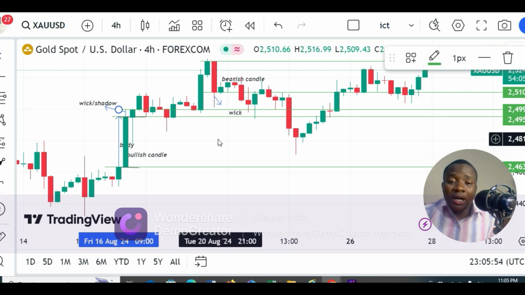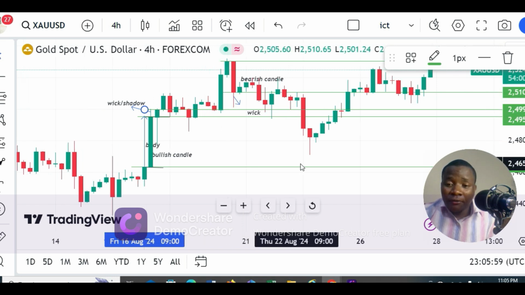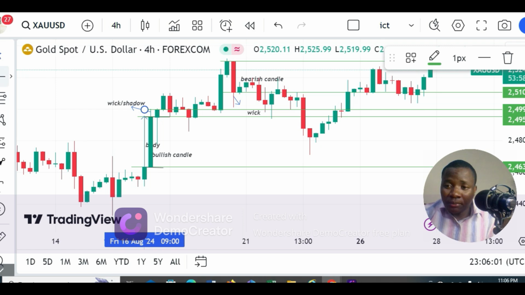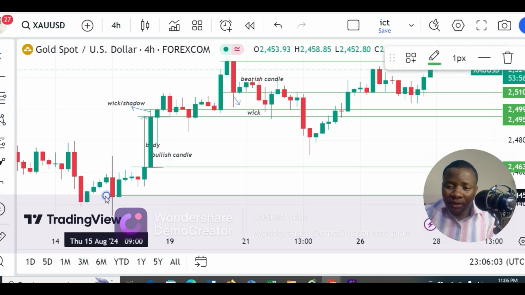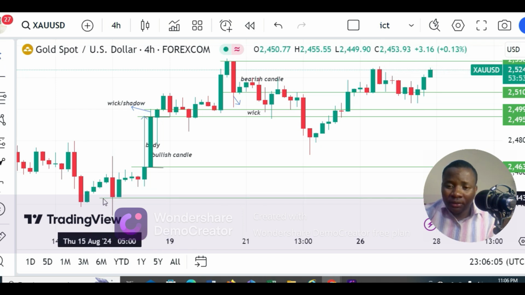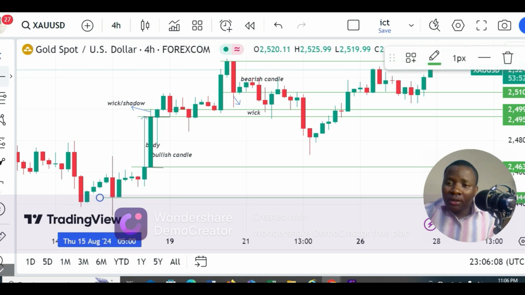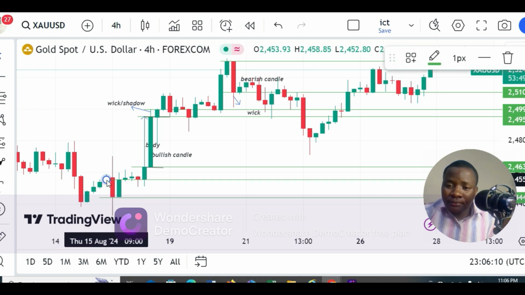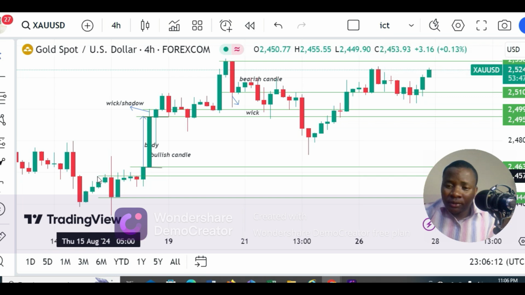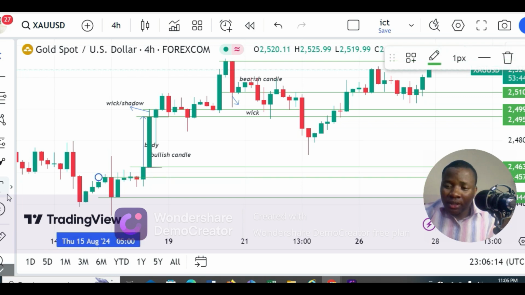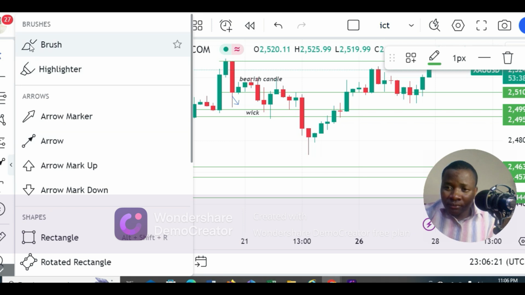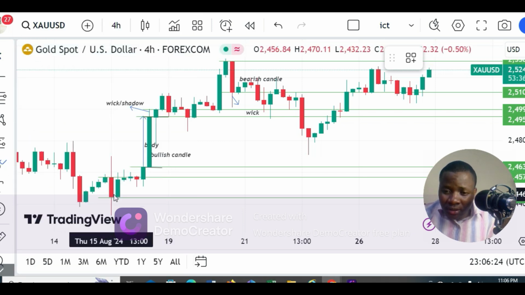Now, a wick can also be formed on either the lower or upper side. For example, now we have this bearish candle here. So as you can see, this is the body. Let me show you the body. So the body is here.